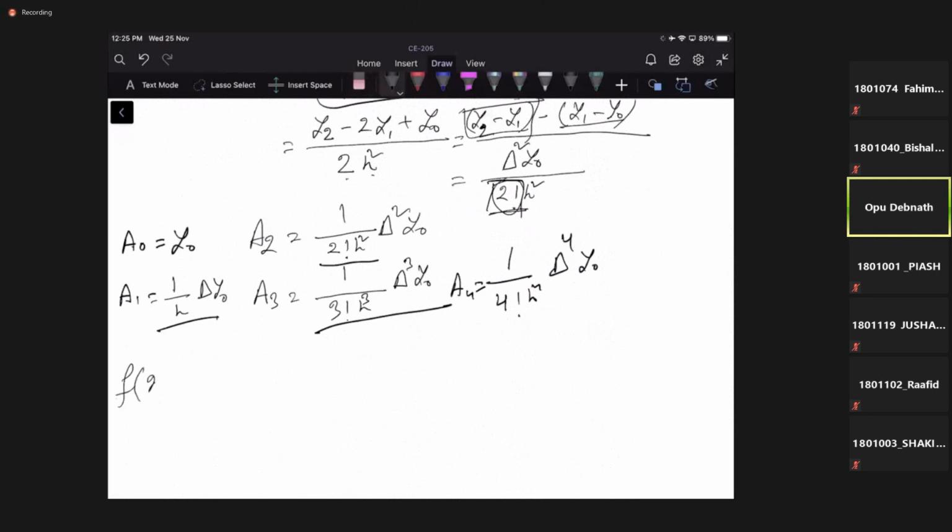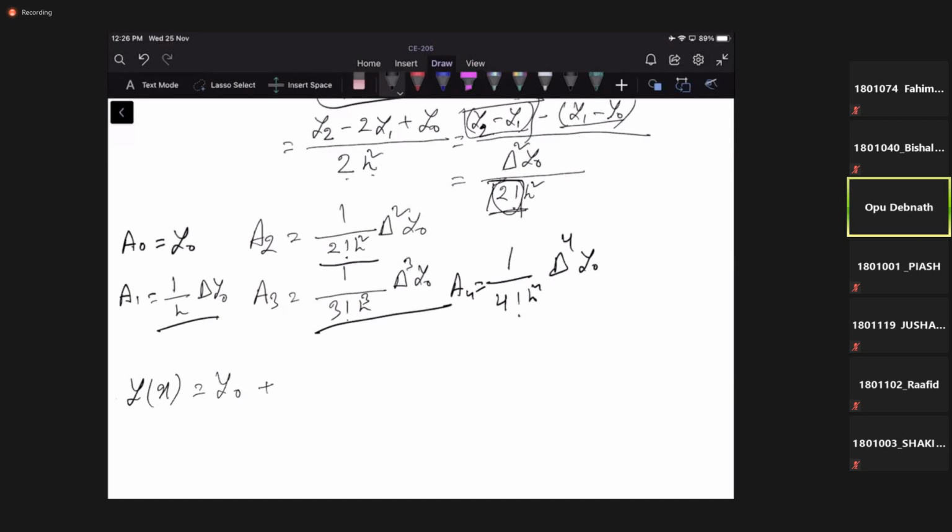You can write anything, this is nothing but a function of x. Many times different equations are represented in different forms, but the basic thing is the same.